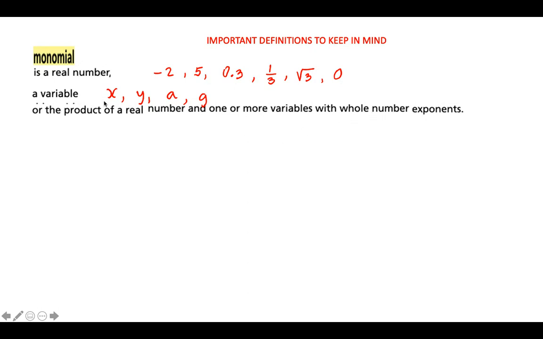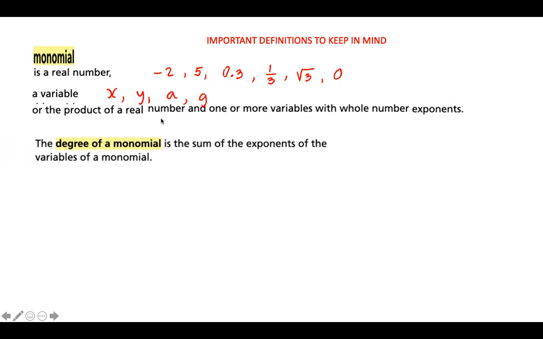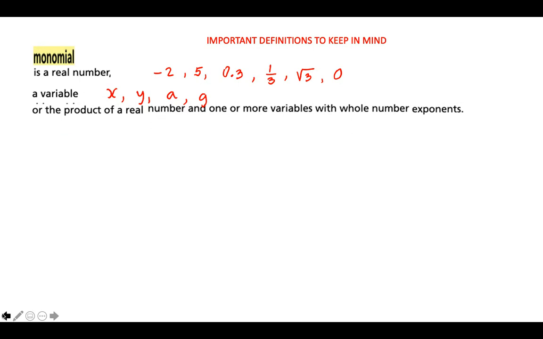For example, imagine that you're choosing a -2, times the variable x.